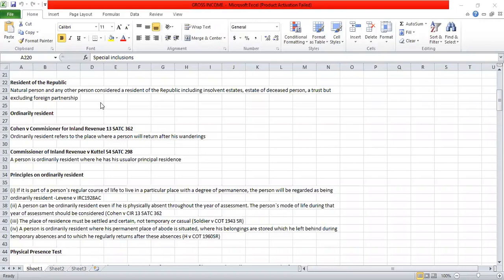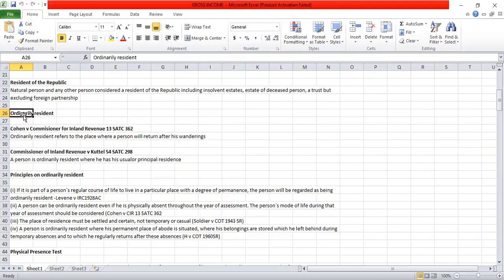Right. So there are issues there that we say ordinarily resident. What do we mean when we say ordinarily resident? Why is this concept of ordinarily resident important? There are some instances whereby you can become ordinarily resident in South Africa even if you are a non-resident.